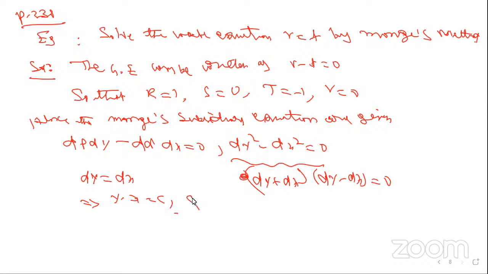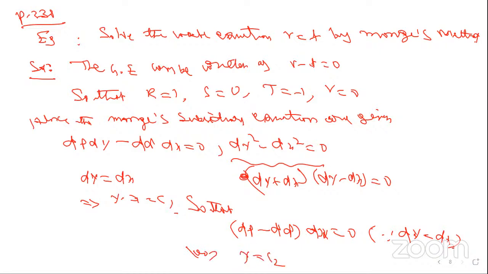So that dp minus dq dy equal to 0, because dy equal to dx, so we can write y equal to c2 and p minus q is constant, that equal to f of c1.